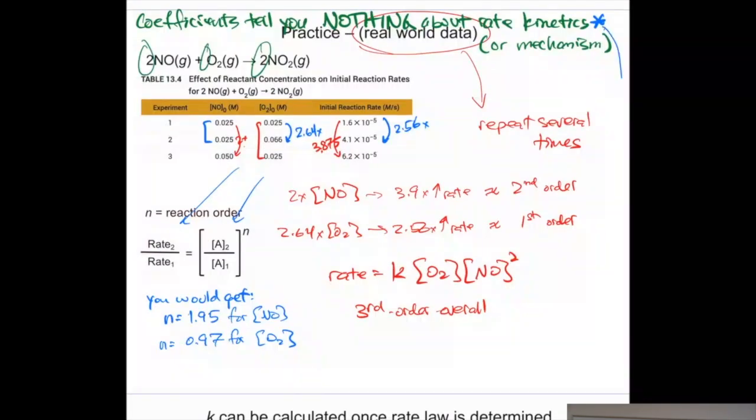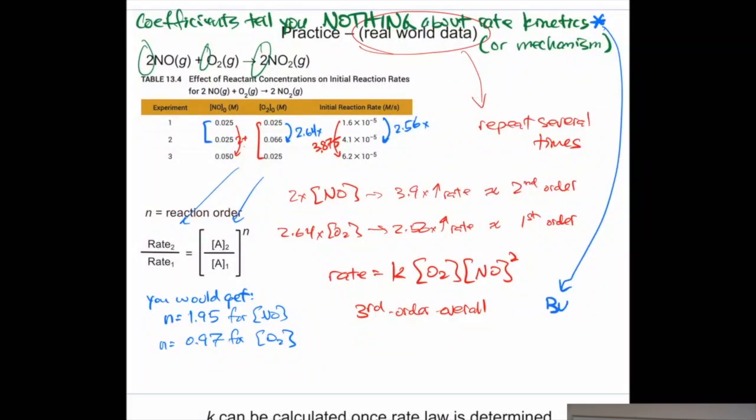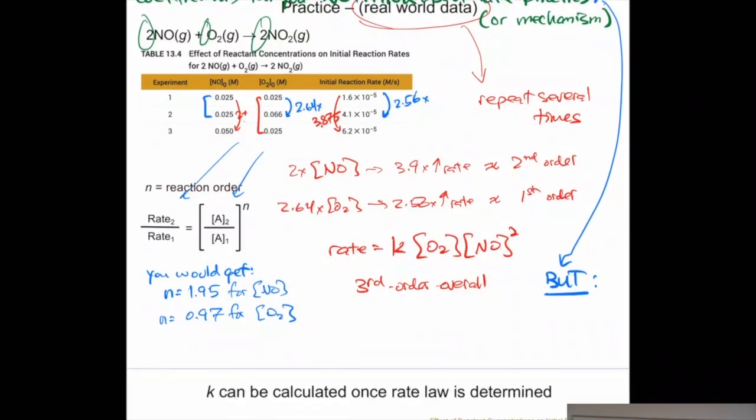Okay, but then let's add to this, but if the molecular mechanism matches the stoichiometry, then here's for all your computer scientists out there, if-then statement, right? Then the rate law will match the stoichiometry.